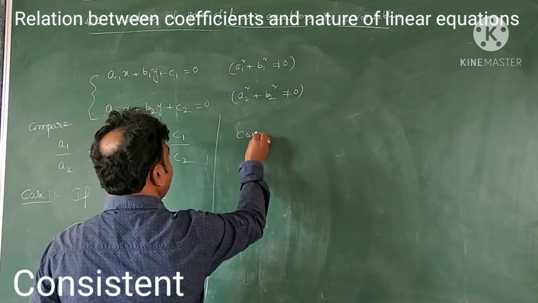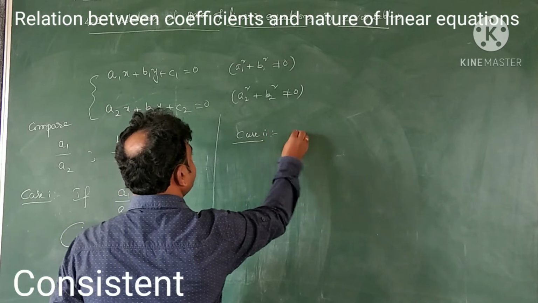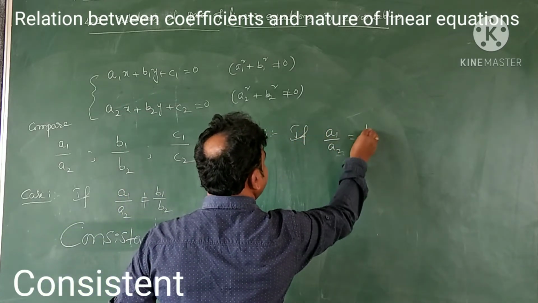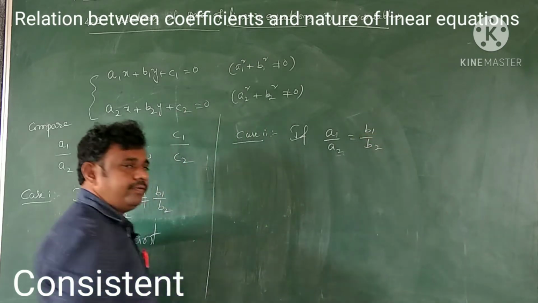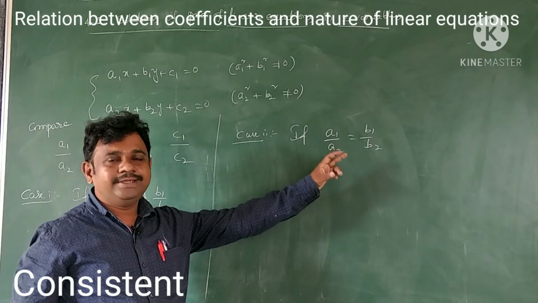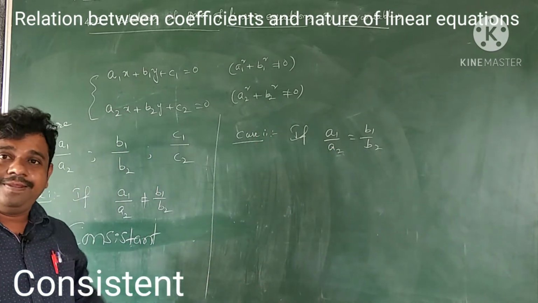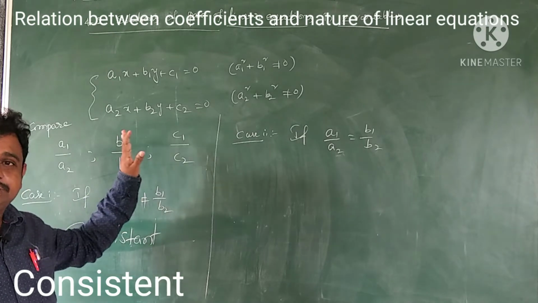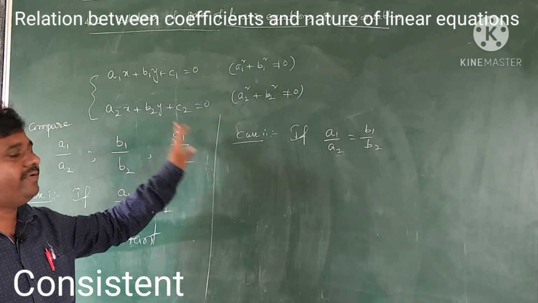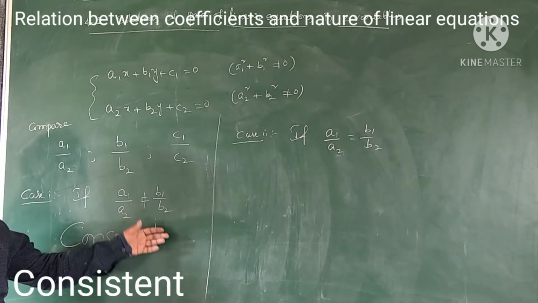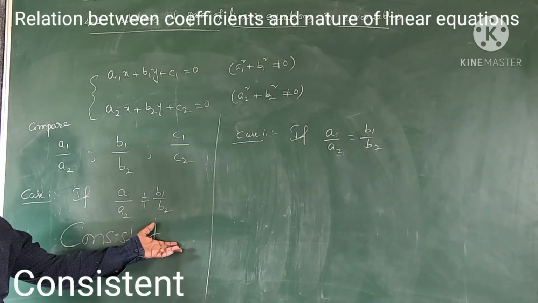Case 2: if a1/a2 is equal to b1/b2, then both are equal, and we must compare with c1/c2. If these two are not equal, we do not compare with c1/c2.